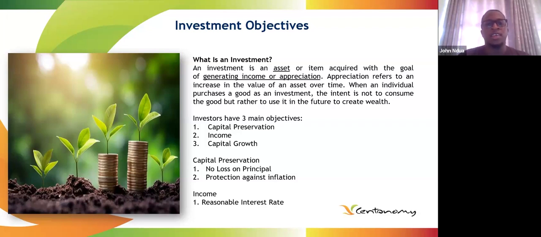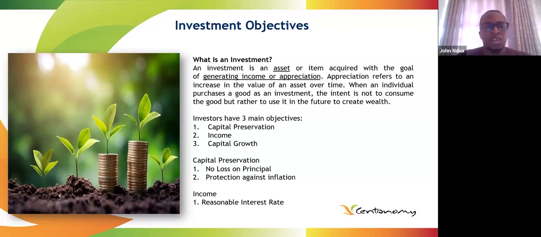Either you want to retire in the next 10 years and you want something to generate some form of income that will sustain your monthly expenses. Or maybe it's your children, you want to take them to a university in the next, let's say, 15 years, and you need to gain the capital to do that when the need arises. That is when you should channel that particular goal towards an investment.